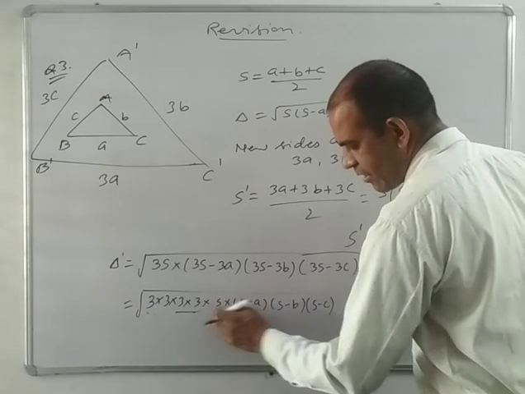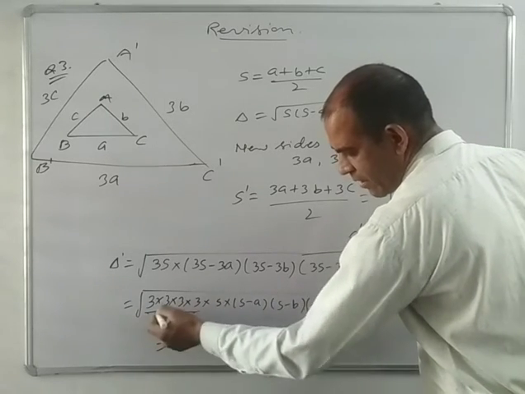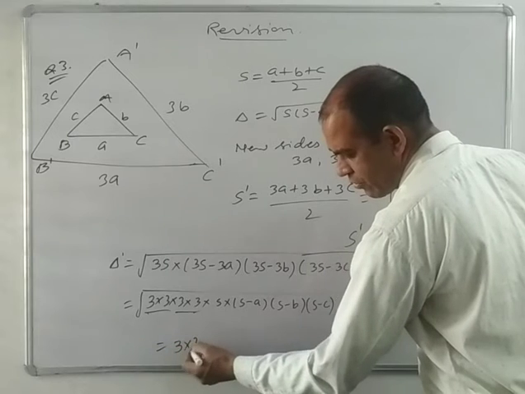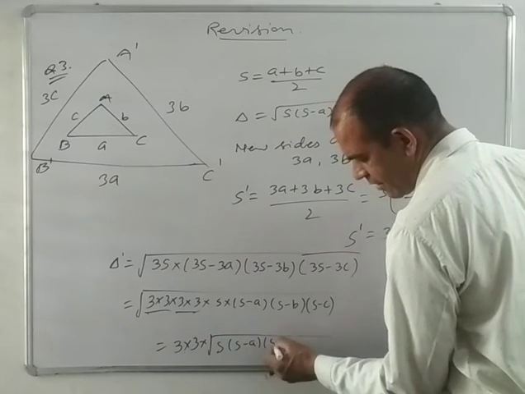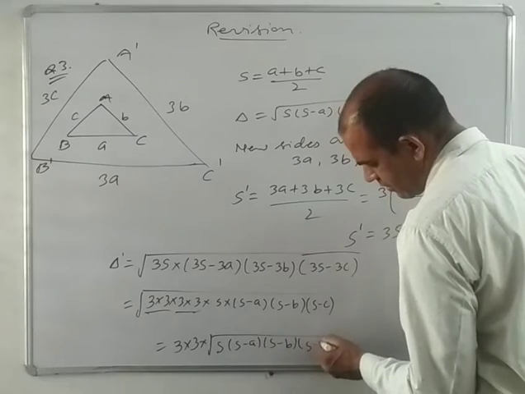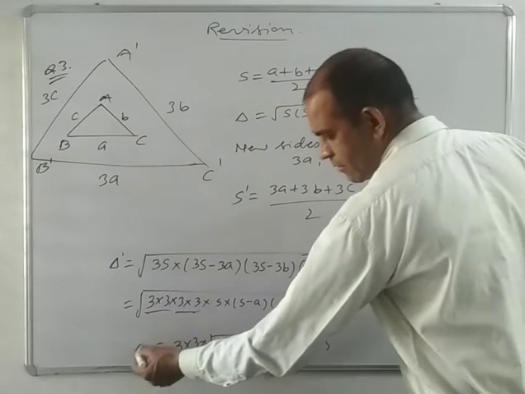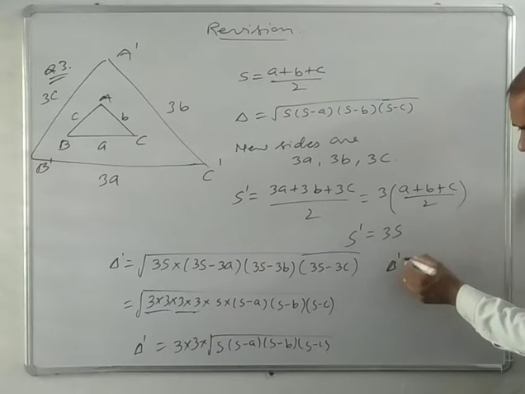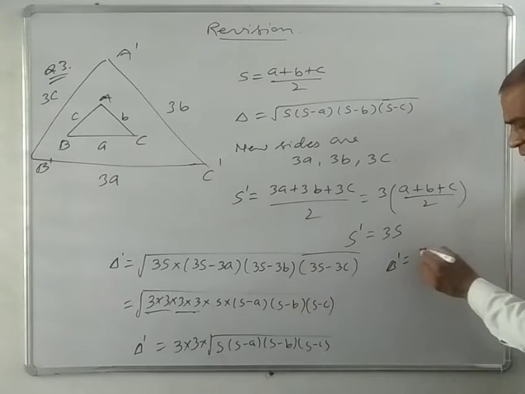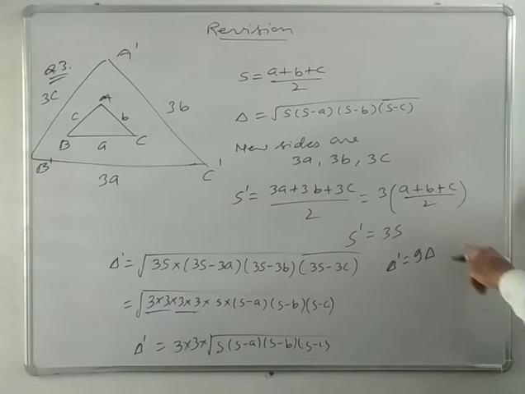These are 2 pairs of 3, one pair here, one pair here, so 3 into 3 times the square root of s, s minus a, s minus b and s minus c. This is the area of the new triangle. 3 into 3 is 9 delta. So 9 delta is the area of the new triangle.